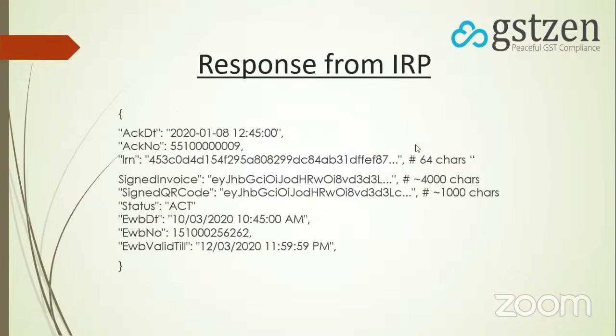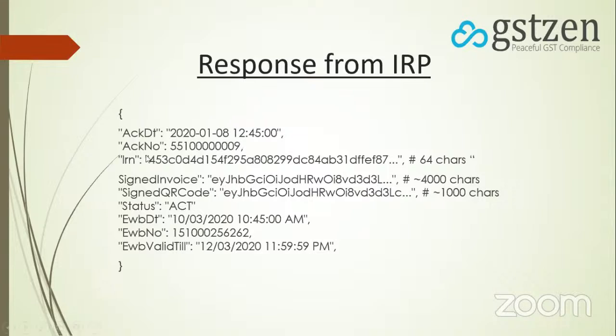So this is what a typical response from IRP looks like. If you have successfully generated an e-invoice, it will give you an acknowledgement date and an acknowledgement number. That is essentially the date and time at which you generated the e-invoice.